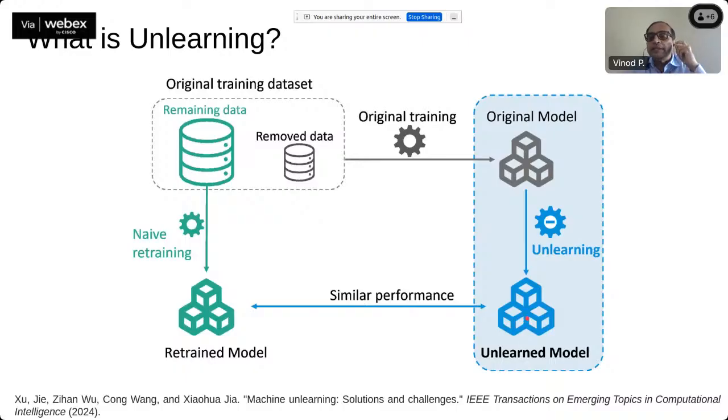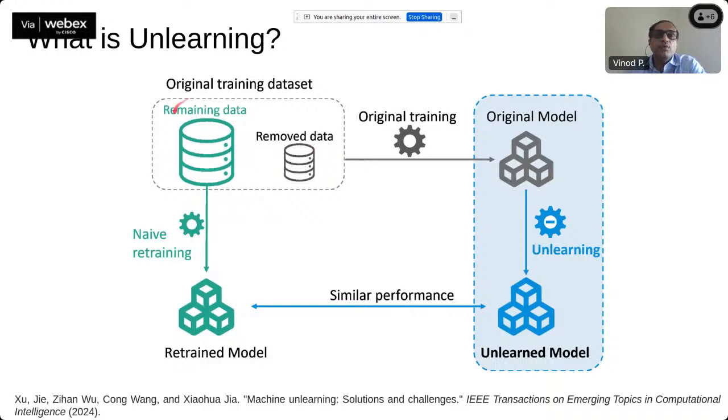Now, this unlearned model should exhibit some qualities. One quality is that if you present this removed data to the unlearned model, the output probability or the prediction score corresponding to the sensitive data will be very low. It would be random, but very low. It will not be zero, which we will speak about later.